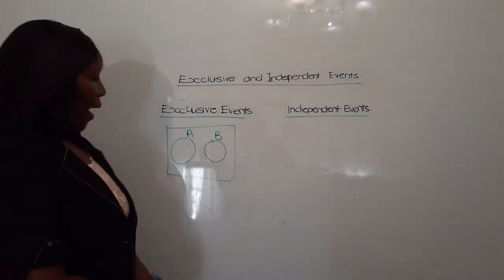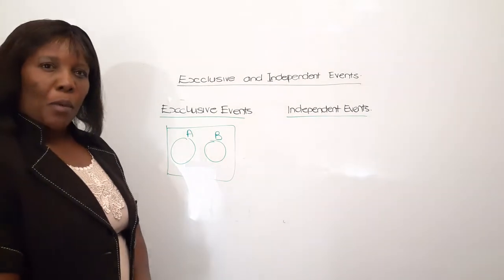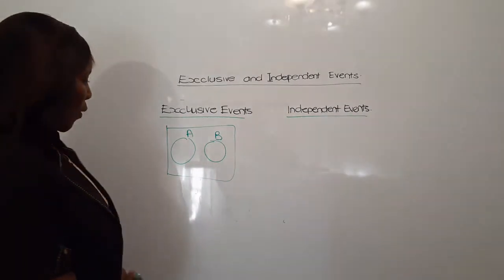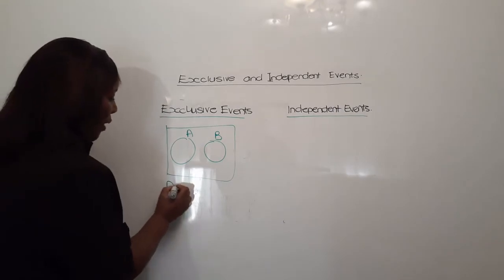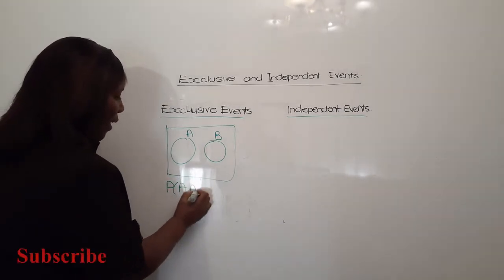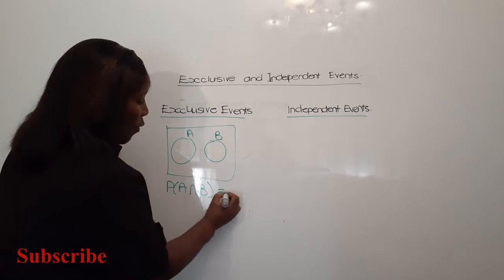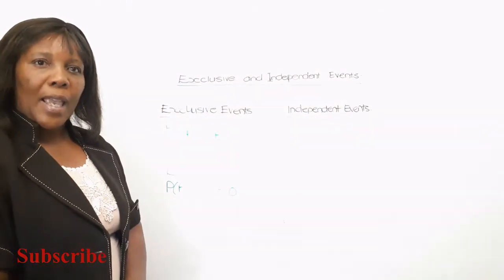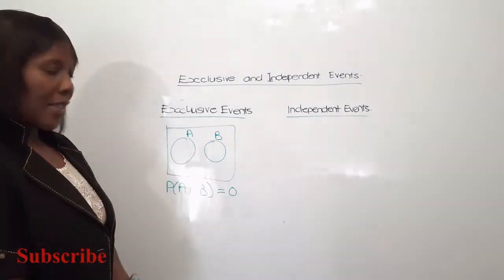events. What we must remember when we come to the mathematical terminology is that the probability of A intersecting B will equal 0. Why is it equal to 0? Because A intersecting B is empty.